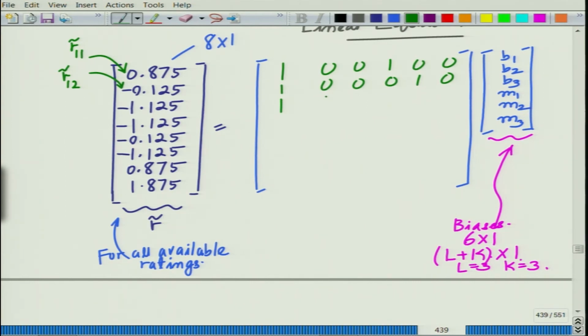So, this will be B 1 1 0 0 plus M 3 0 0 1, and so on. You can form the other rows, and it is not very difficult to see. Fourth row will be B 2 plus M 1.